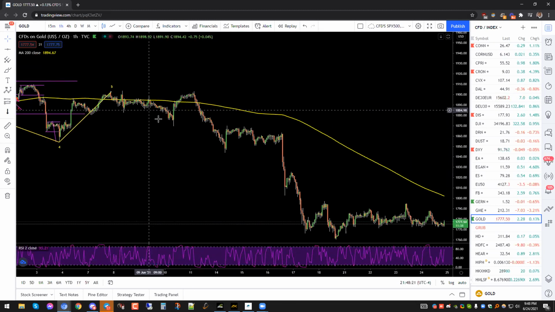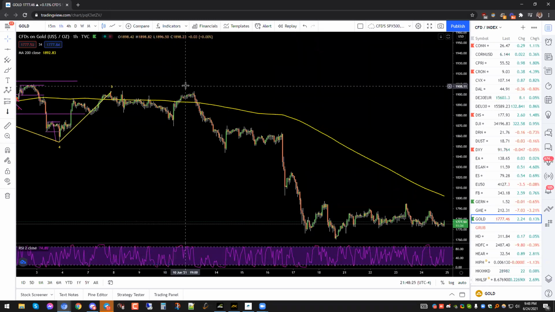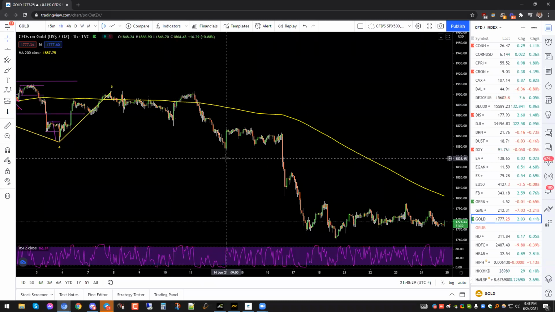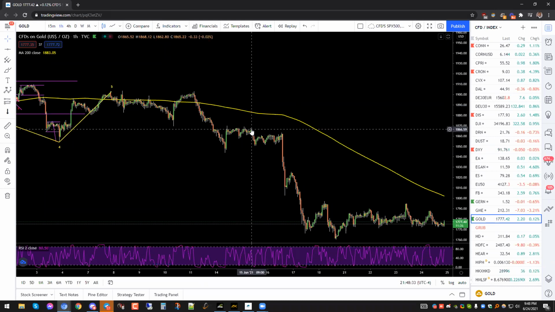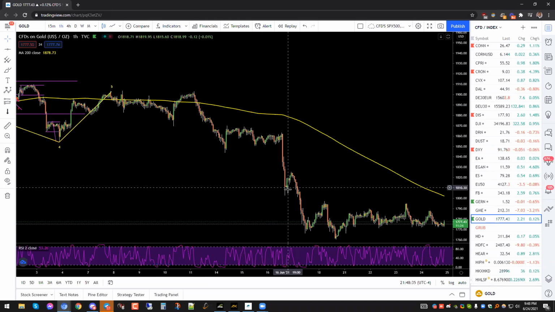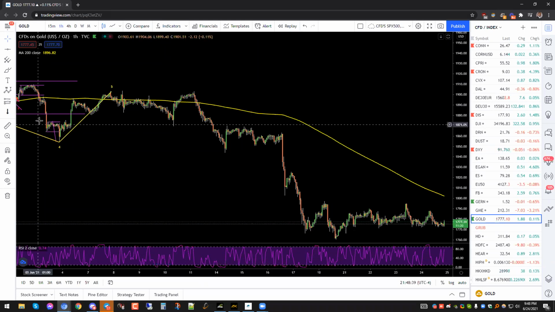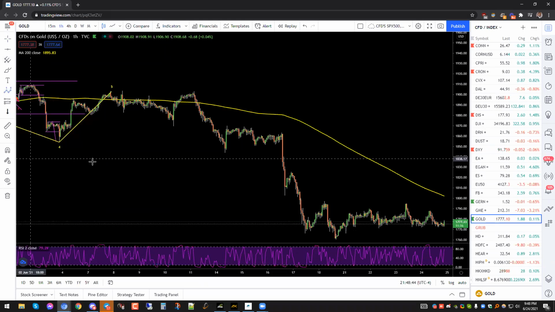So if this is 1, this is potentially 2, this is 3, this is potentially 4 here. We got 1, 2, 3, 4, 5. So this is 5 waves down. Now it's coming down corrective impulsive.